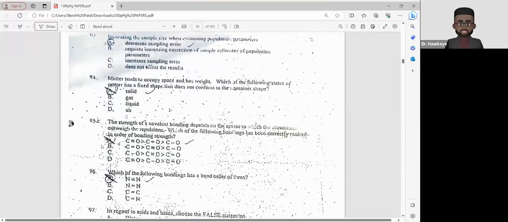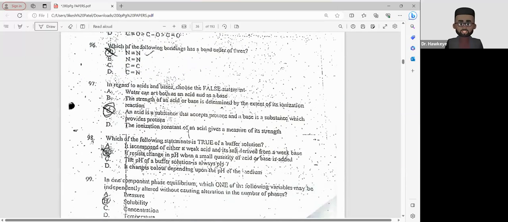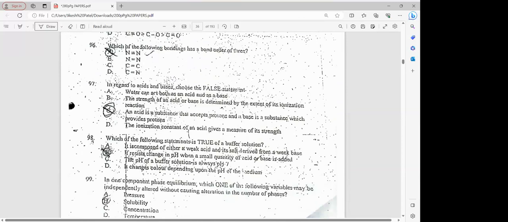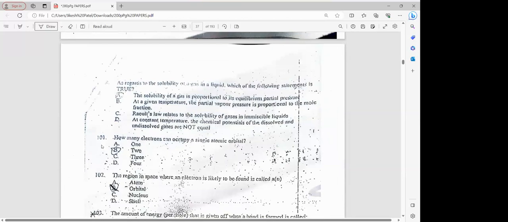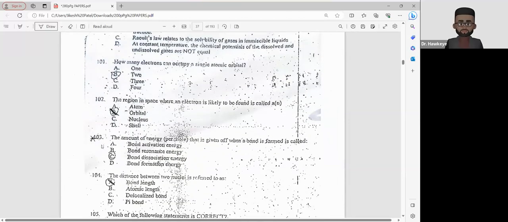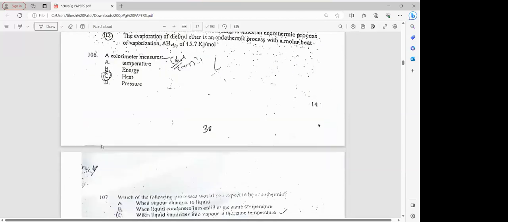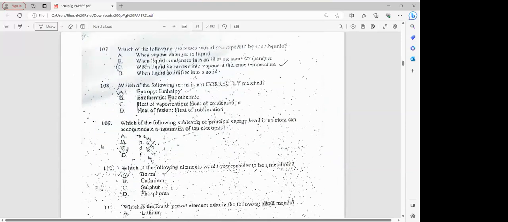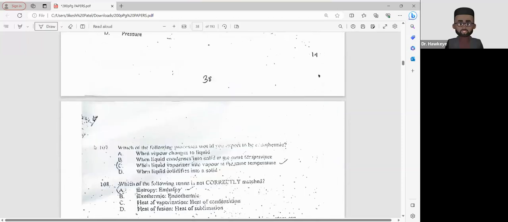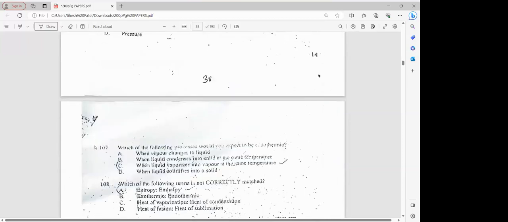Yeah, we need to know even the sampling method. Wow. I guess we can also go through the questions that were in chem. Sorry.